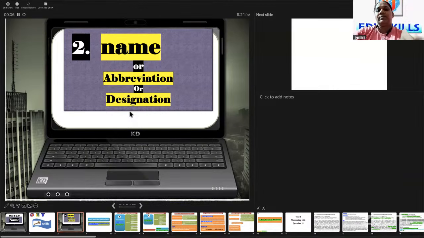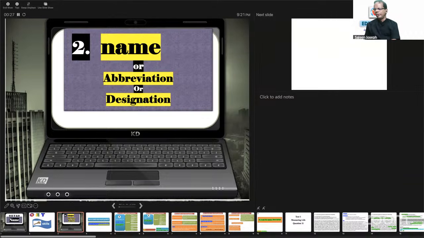Okay. So name doesn't mean only name. Name can be an abbreviation or a designation. We call it reference-based name questions.